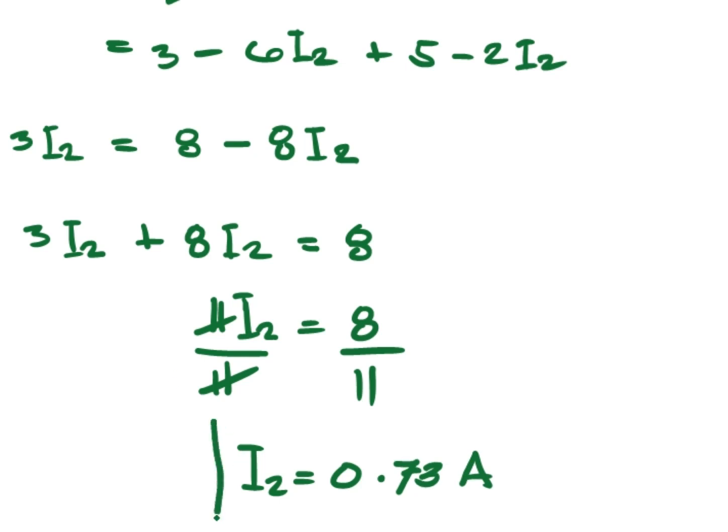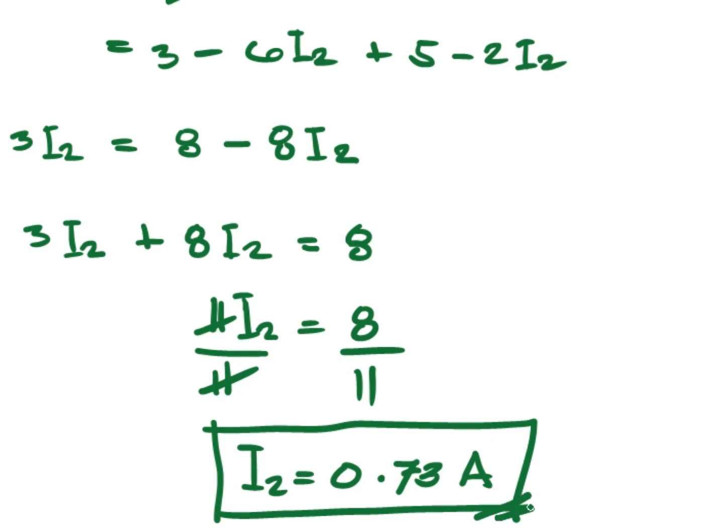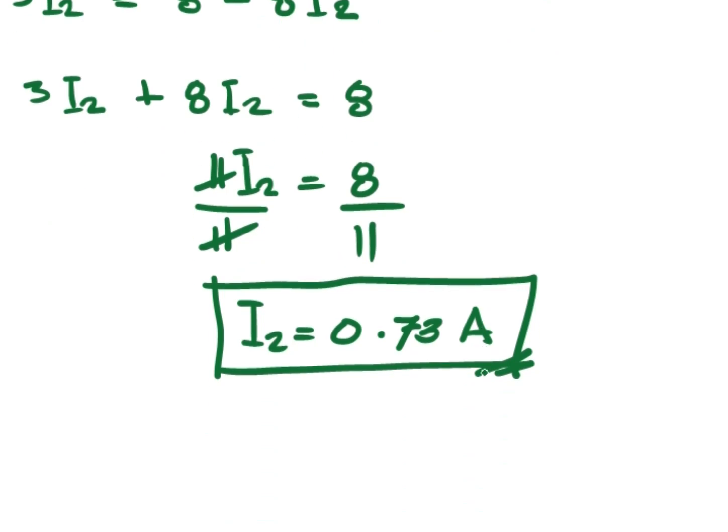amperes. Now since we get a positive answer for I2, then we can assume that our assumed direction is correct. Because if we got a negative here, then we would just have to reverse the direction. So the direction of this current, 0.73 amperes, is going to the left.